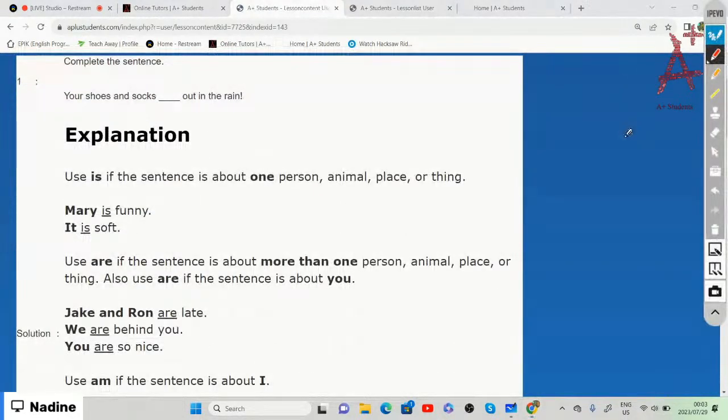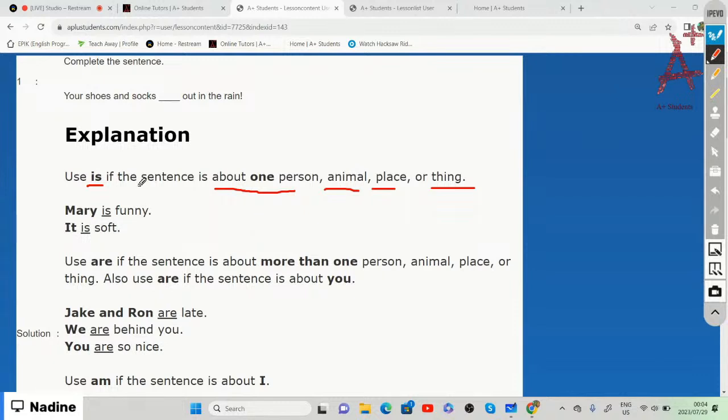All right. So we use is if the sentence is about one person, right? So we use is if the sentence is about one person, one animal, one place, or one thing. It's like saying, for example, Mary is funny.